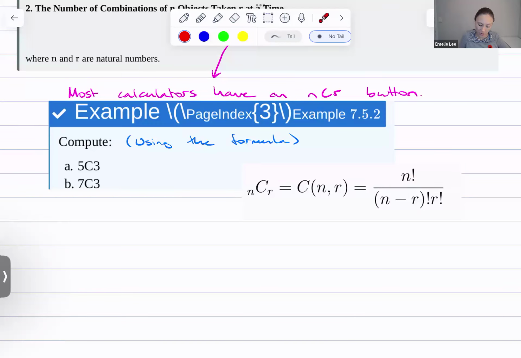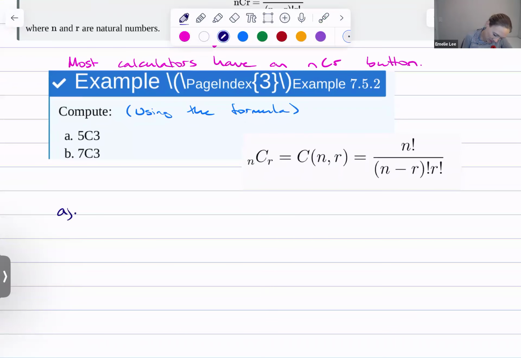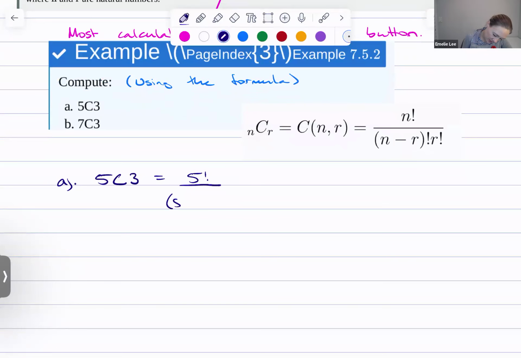And using the formula, what's nice is you'll be able to check your work with a calculator, just double check. But I want you to be able to manipulate the formula. So starting with 5 choose 3, that is going to be the same thing as 5 factorial divided by 5 minus 3 factorial times 3 factorial.